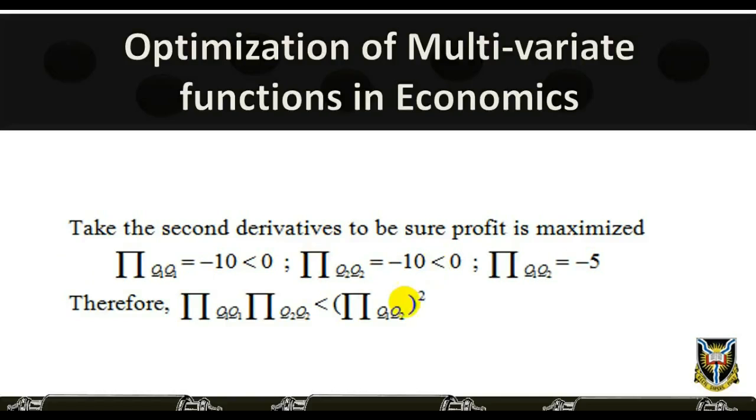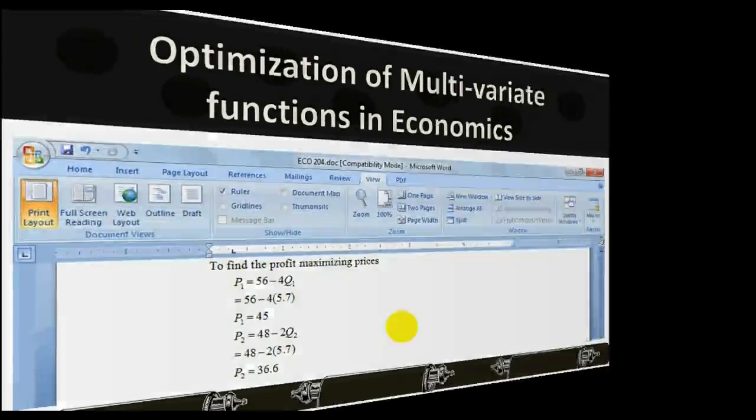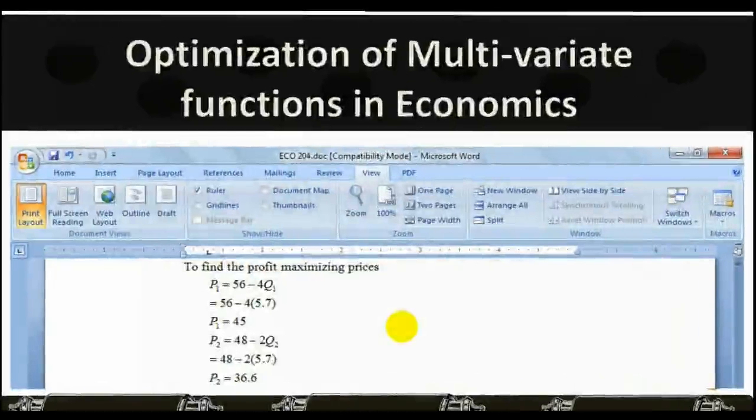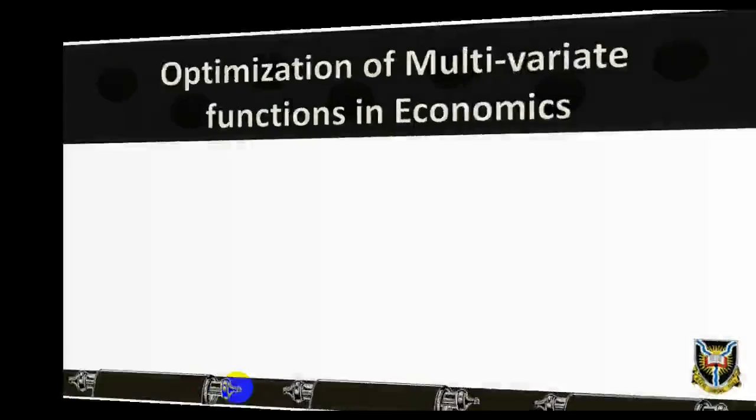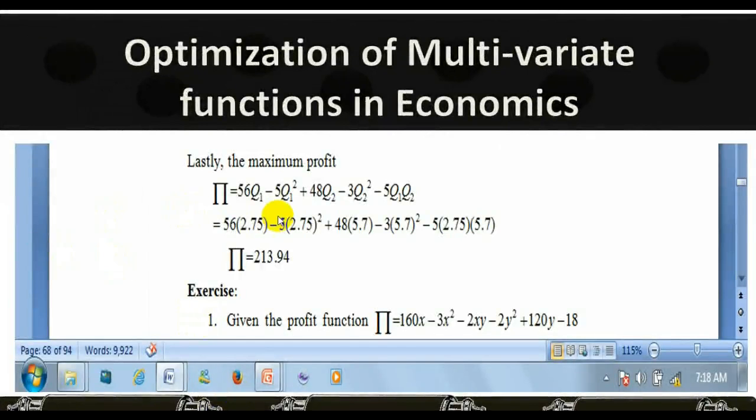To find the profit maximizing price, P1 equals 56 minus 4Q1, which equals 56 minus 4 times 2.75. P1 equals 45. P2 equals 48 minus 2Q2, which equals 48 minus 2 times 5.7, and P2 equals 36.6.